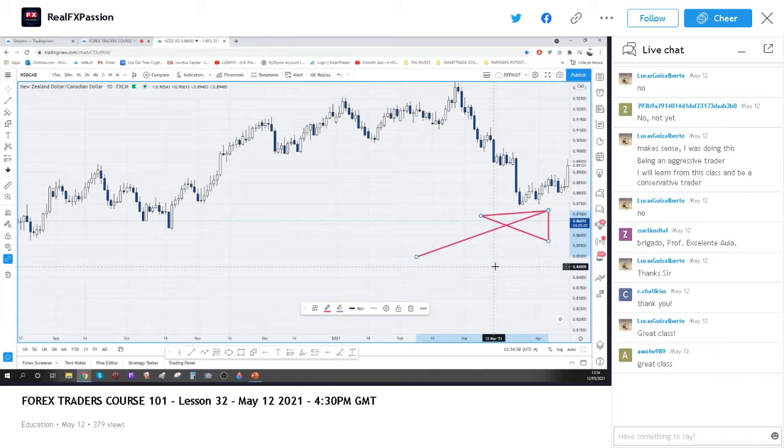How are you going to trade this? You need to master this, everybody. This is where 90% of beginner traders lose money. And it's not about general direction, it's about timing.